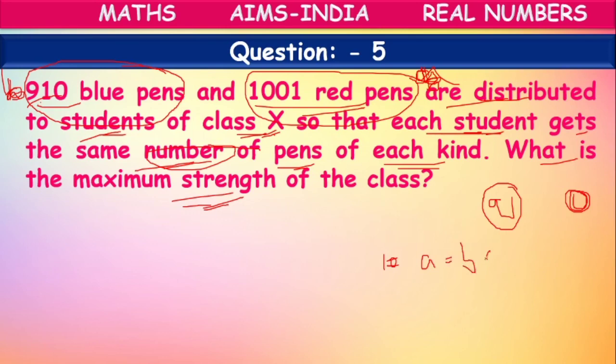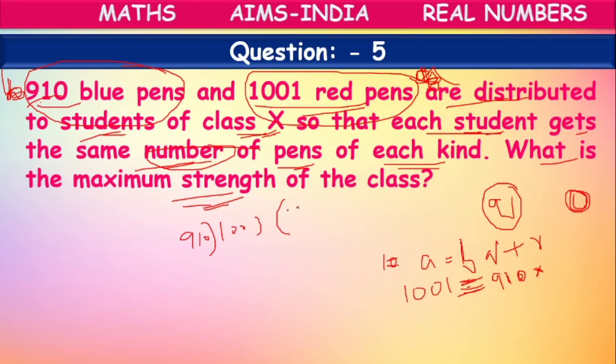A equal to BQ plus R. Suppose I take the dividend as 1001 and the divisor as 910. Then 1001 with 910, how many times will we get?